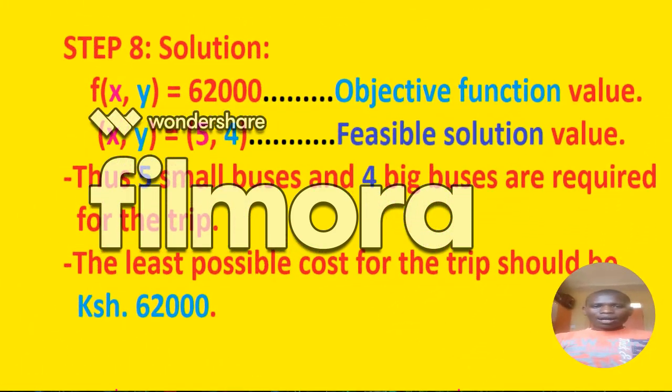Having obtained our objective function value to be 62,000 and our feasible solution coordinate to be (5, 4), therefore in conclusion, the number of small buses required for the trip would be 5, while the number of big buses required for this trip would be 4, and the least possible cost for the trip would be 62,000. That is the solution to this problem.